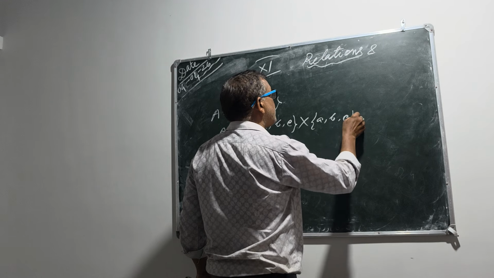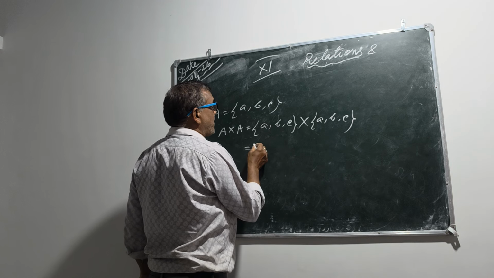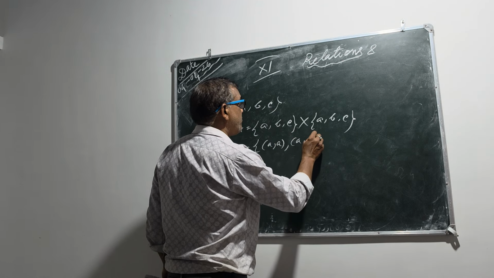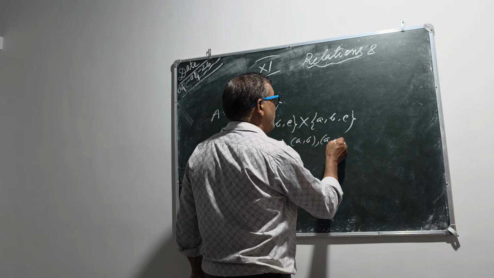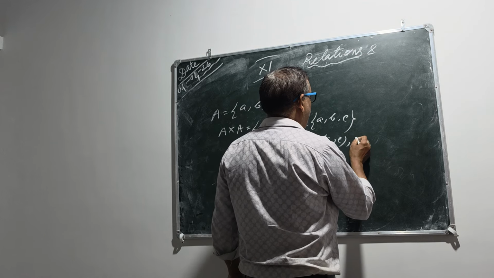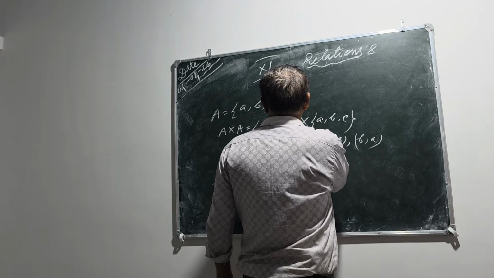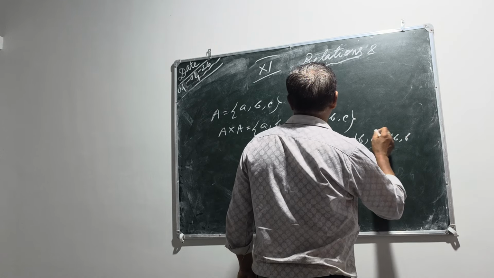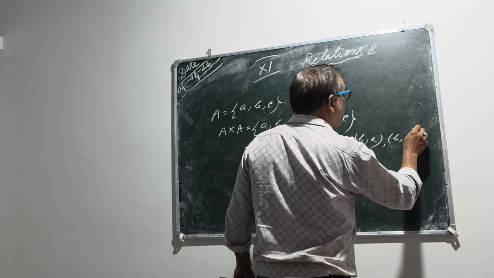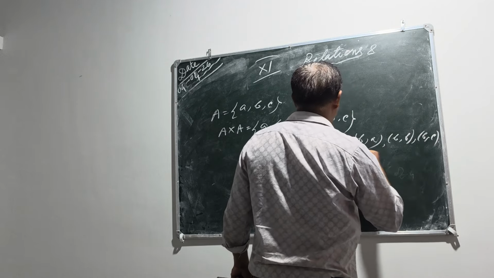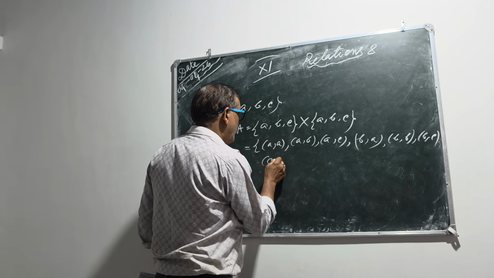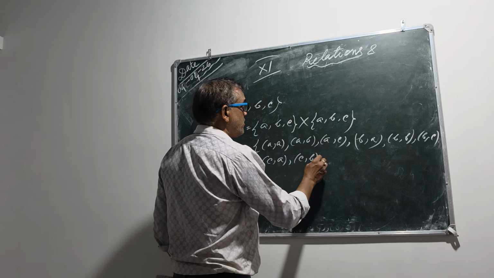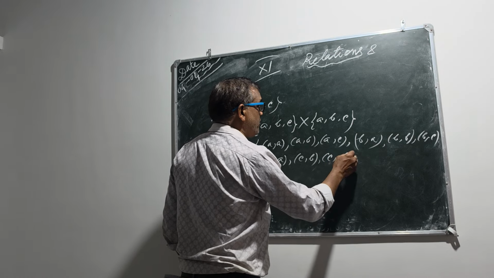A, B, C. Then the Cartesian product of these will be (A, A), (A, B), (A, C), then (B, A), (B, B), (B, C), next (C, A), (C, B), then the last one (C, C).